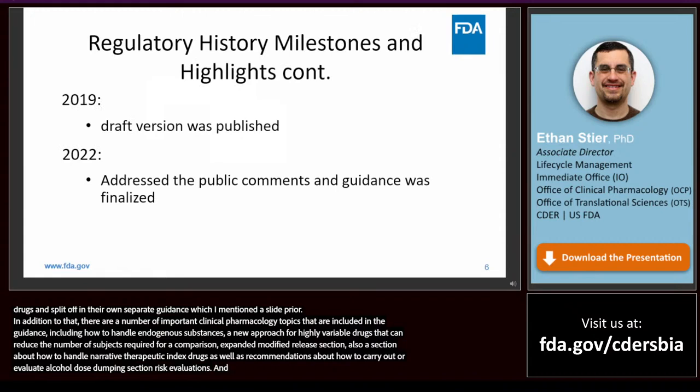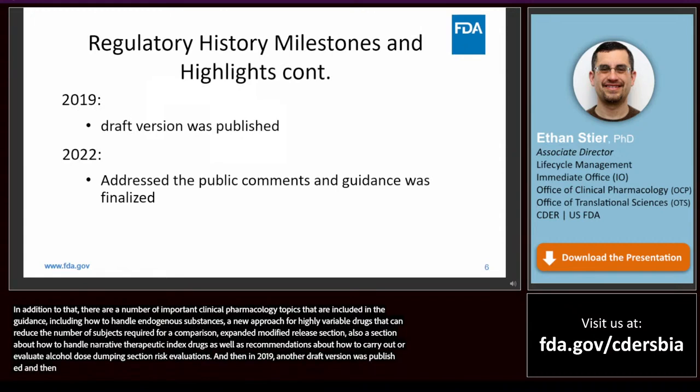And then in 2019, another draft version was published. And then this year, in 2022, the public comments were addressed and the guidance was finalized.